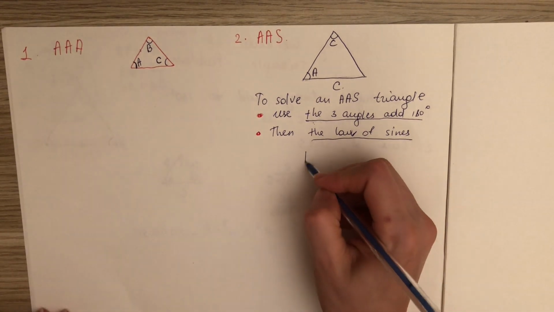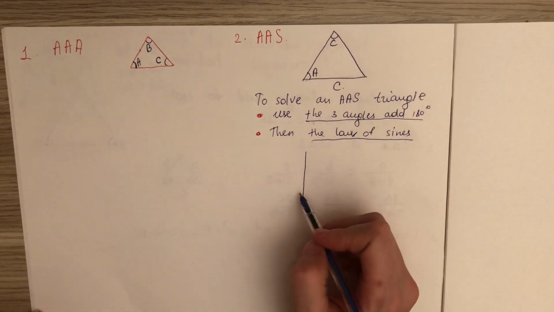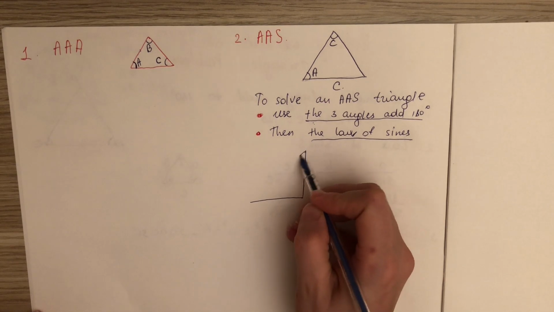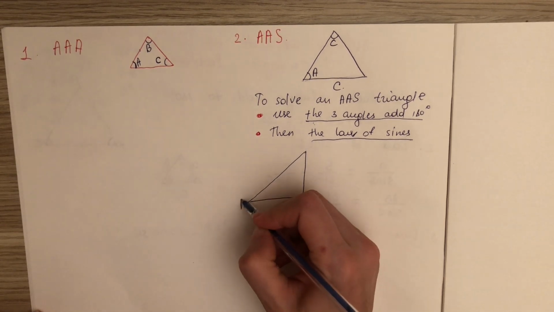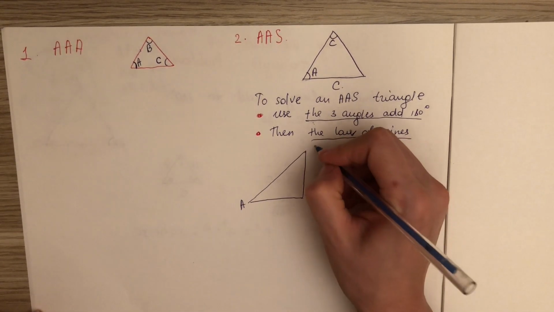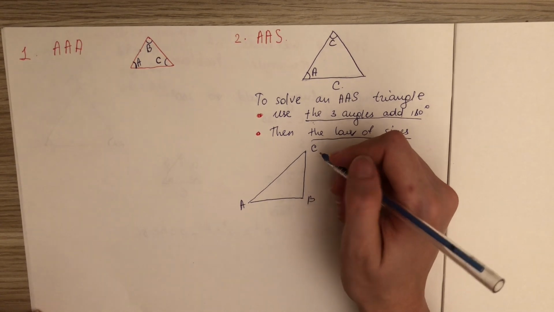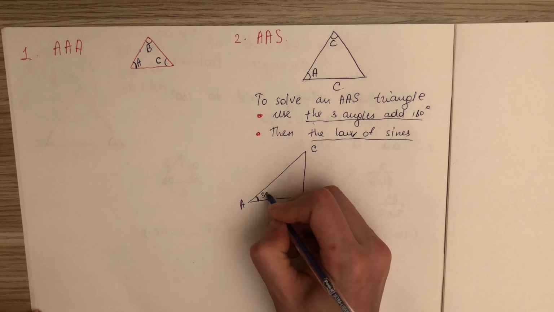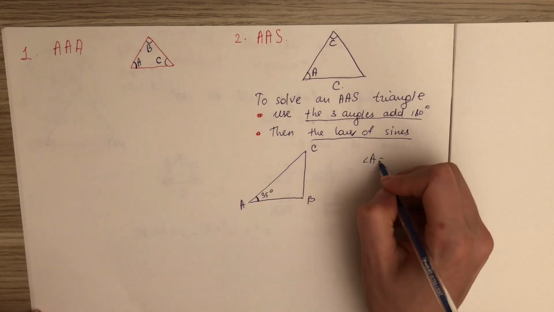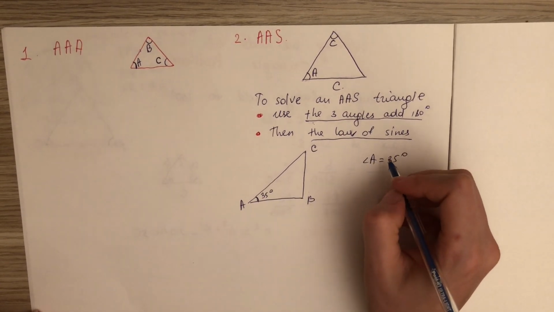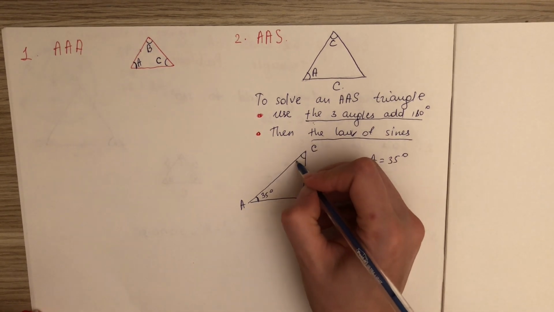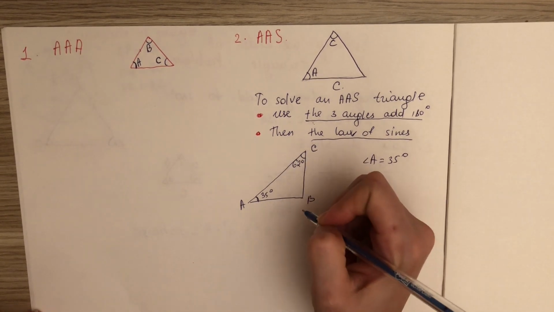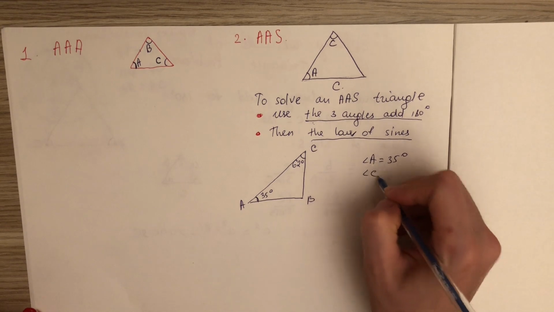Let's do an example. This is our triangle, A, B, and C. We are given angle A, which is 35 degrees, and angle C is 62 degrees.